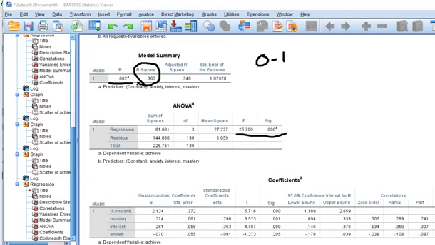Like I said, this is called the multiple correlation, and the R-square value is unsurprisingly the square of the multiple correlation. The R-square value is referred to as the coefficient of determination.